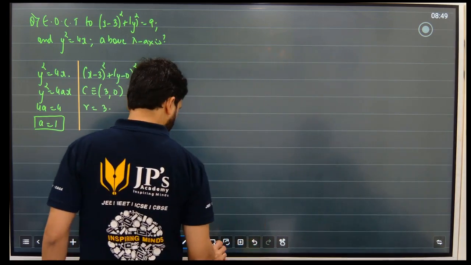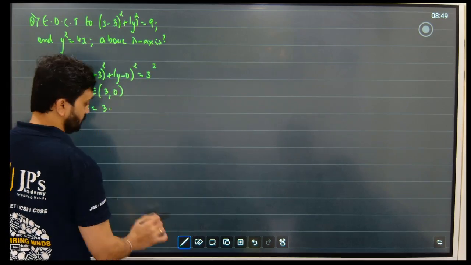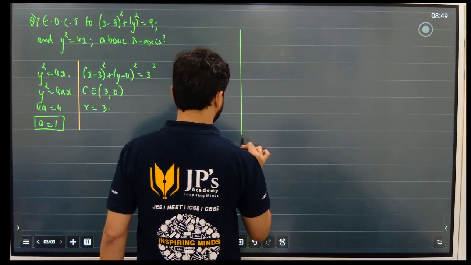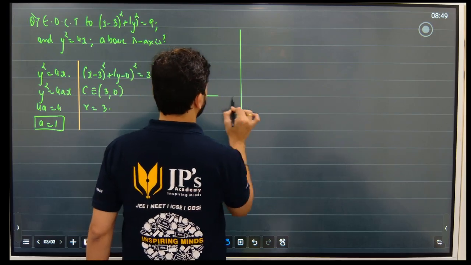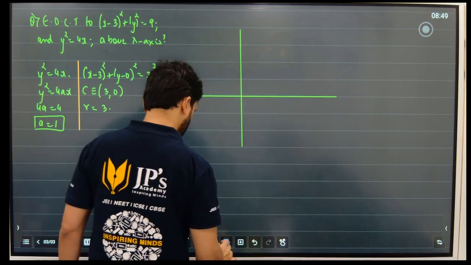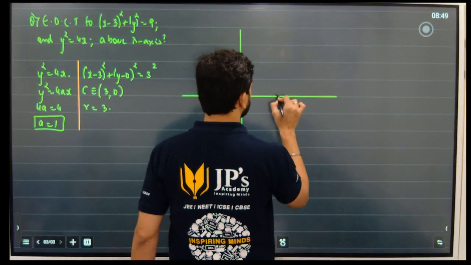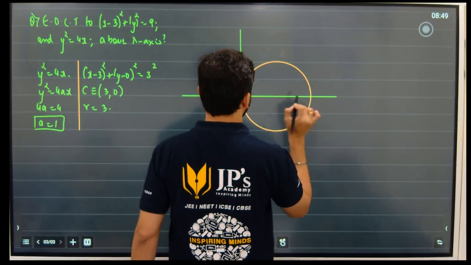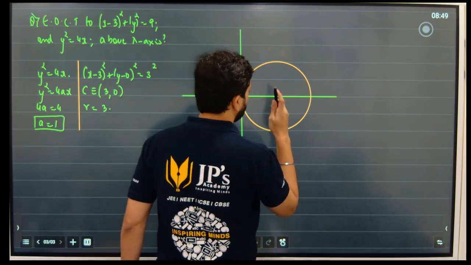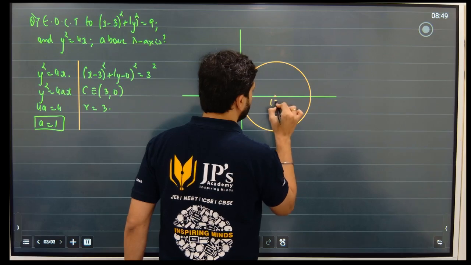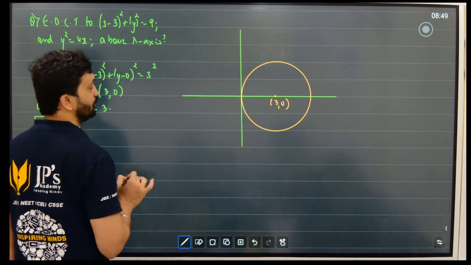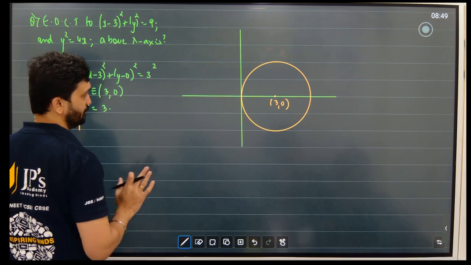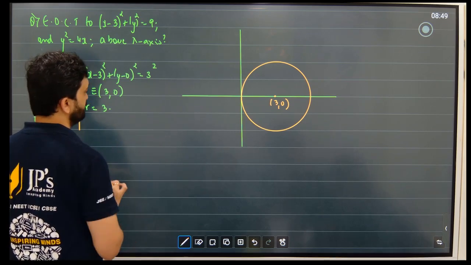So I make a diagram. See, center is 3,0. If I make the center as 3,0, okay, this is my x axis, this is my y axis, okay, radius is 3. This is my center, that is 3,0. My radius is 3 here.